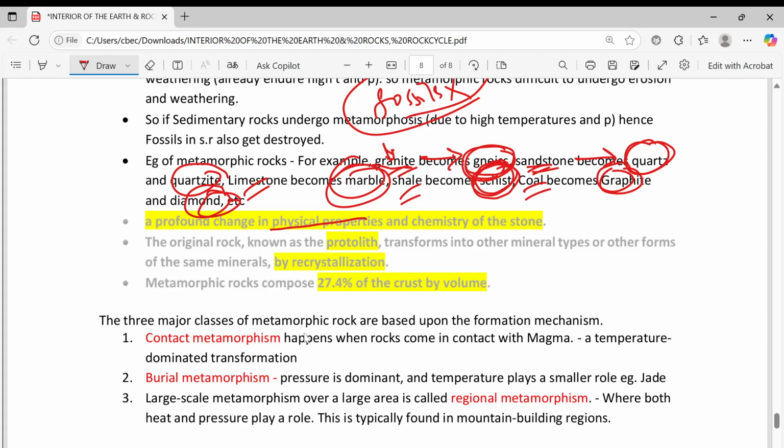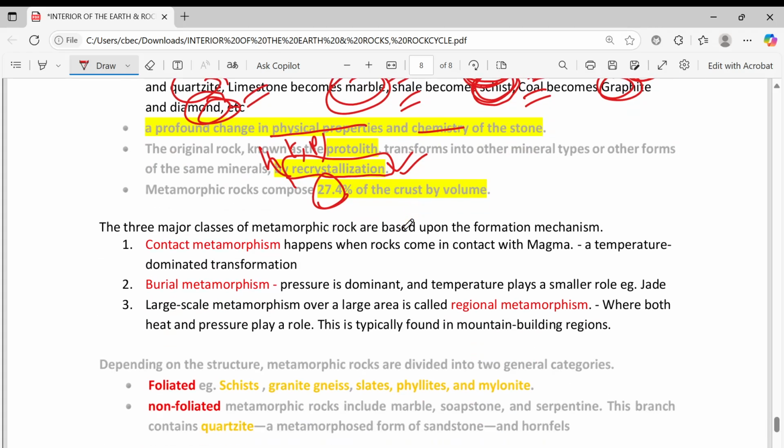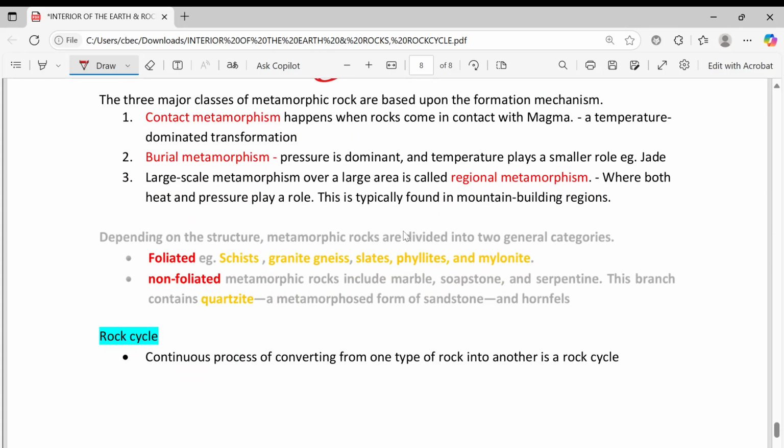Their physical properties and chemistry change. Recrystallization happens when you apply high temperature and pressure. So 27.4% I already told. Then types: contact metamorphism means when magma comes in contact with some rocks. Burial means under pressure, very deep in the earth.